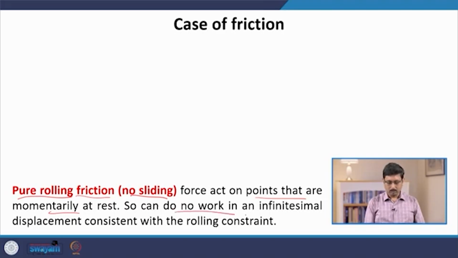So, it can do no work, which is consistent with rolling friction. So, we are going to ignore sliding friction; rolling friction is okay. Now we are ready to state the principle of virtual work. This is going to be the topic of the next lecture. Thank you.